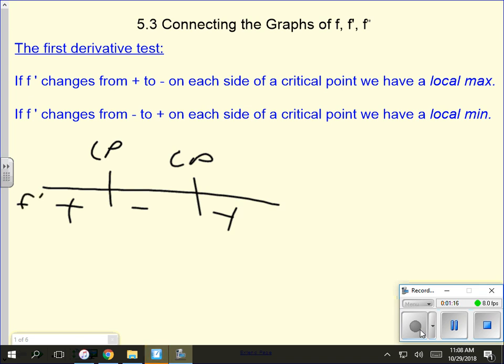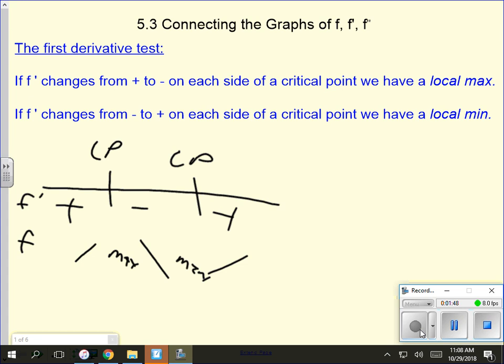So if the derivative changes sign, then the original one goes from increasing to decreasing to increasing, and we have a max, and we have a min at those places where it changes sign. Remember, as some of you found out while working on your homework, just because you have a critical point does not mean that it's going to change sign, and you're not guaranteed a maximum or a minimum.